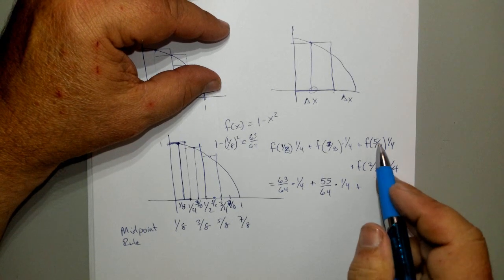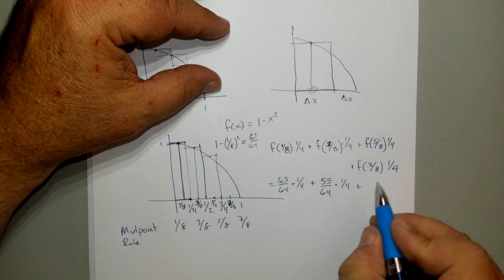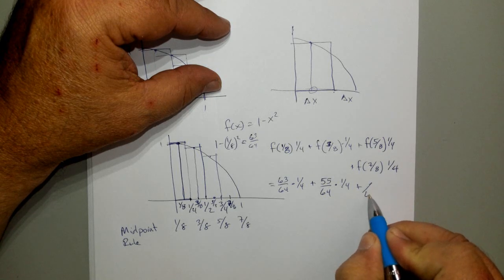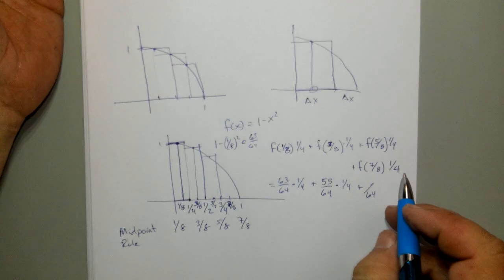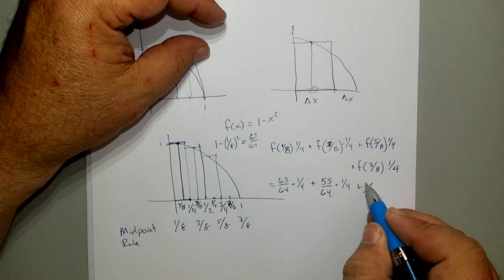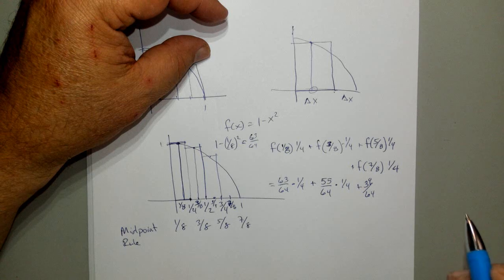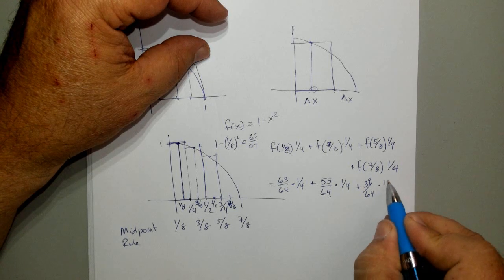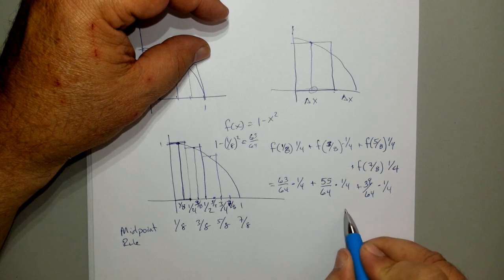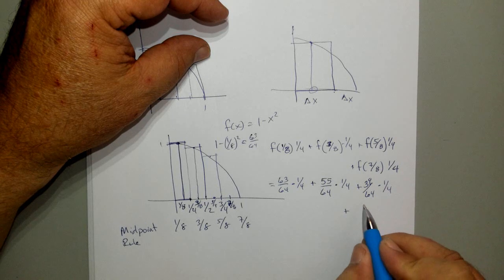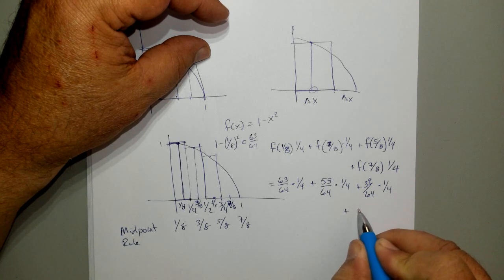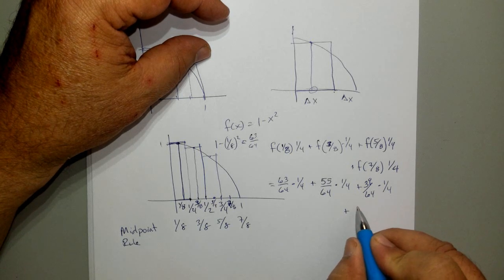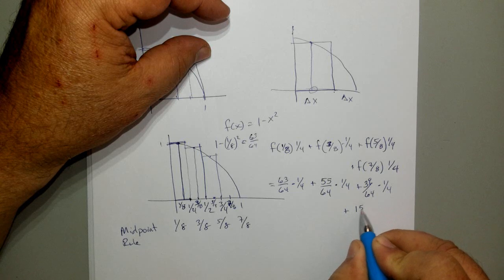Then 5 over 8 is 25 over 64. So 64 minus 25, 39/64 times 1/4. And 7/8 is 49 over 64. 64 minus 49 makes it 15.